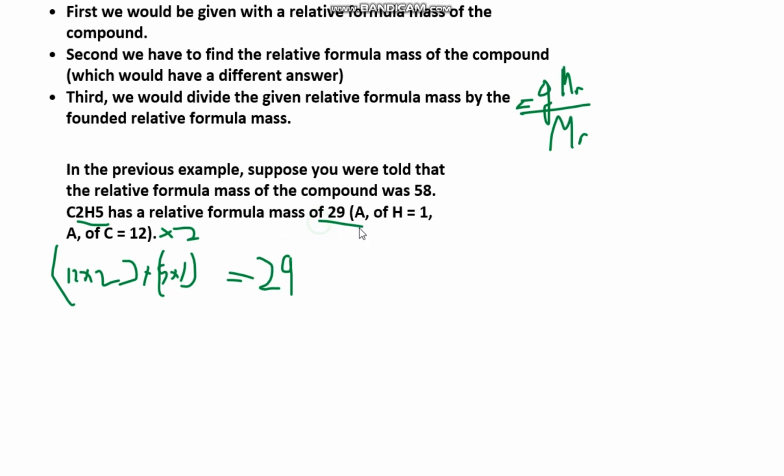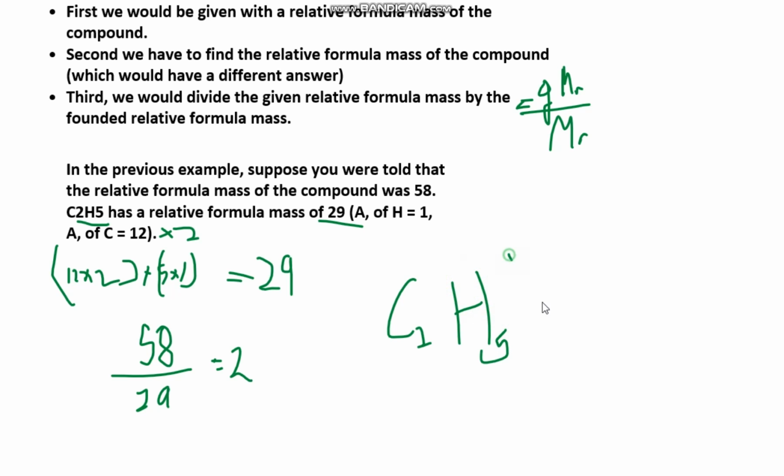And this 29 is given here. So we have to divide 58, the given relative formula mass, by the found one, 29, which would give us a ratio of 2. So I have to put these two lots into C2H5.